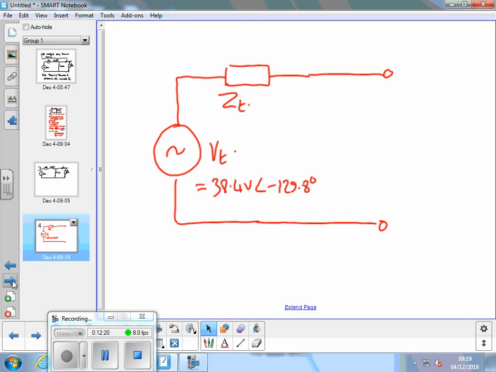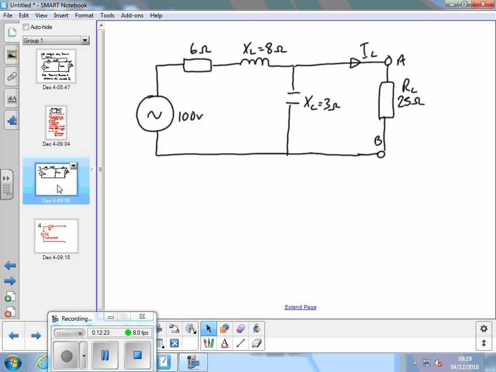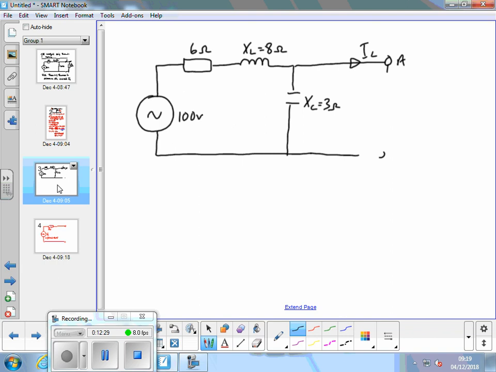So, what do we have to do? We've already opened the terminals A and B. How do we determine the Thevenin impedance? What's the process? Being AC doesn't make that any more complex.